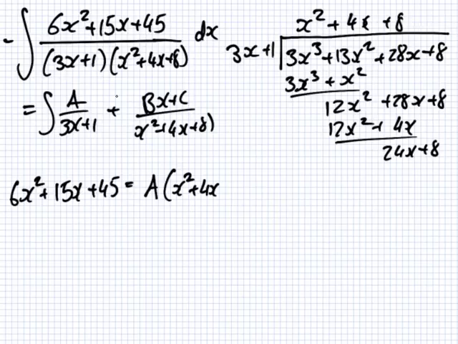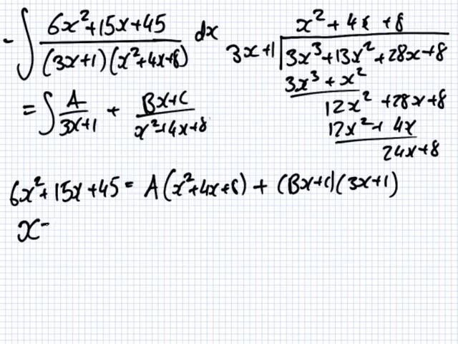So when I multiply, I get A(x squared plus 4x plus 8) plus (Bx plus C) times (3x plus 1). Right, firstly I should make x equal to minus 1 over 3. So let's see what I get there.